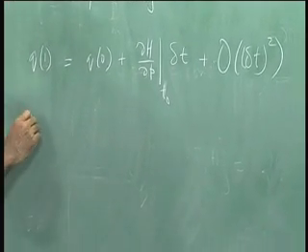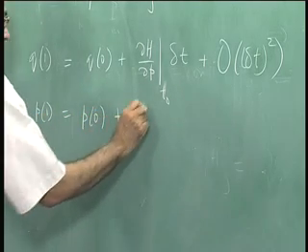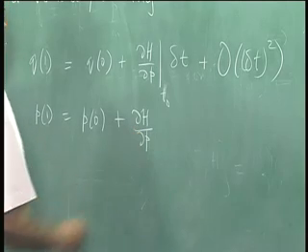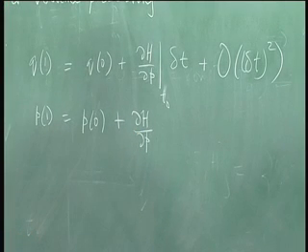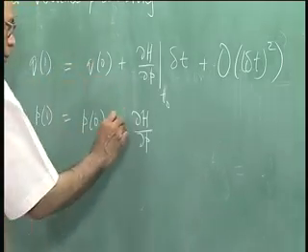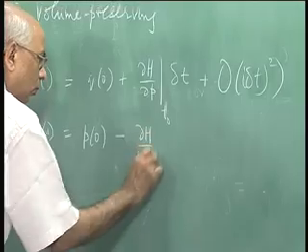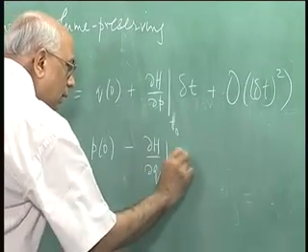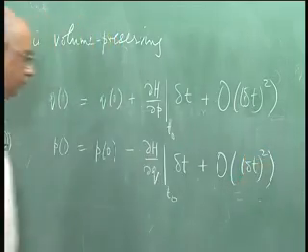And similarly p at time 1 is p at time 0 plus dp over dt, p dot, which is minus delta h over delta q at t0 times delta t plus order delta t whole squared.